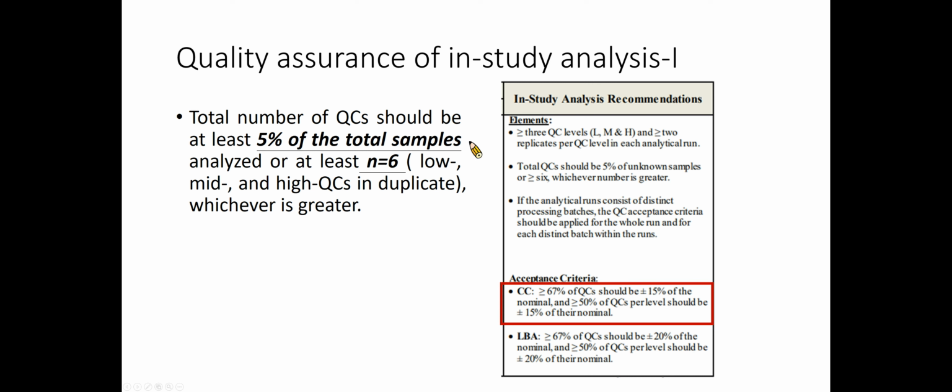The total number of QCs should be at least 5% of the total samples analyzed, or at least 6 samples, whichever is greater. If the study sample concentrations are clustered in a narrow range of the standard curve, additional QC samples should be added to cover the sample range.